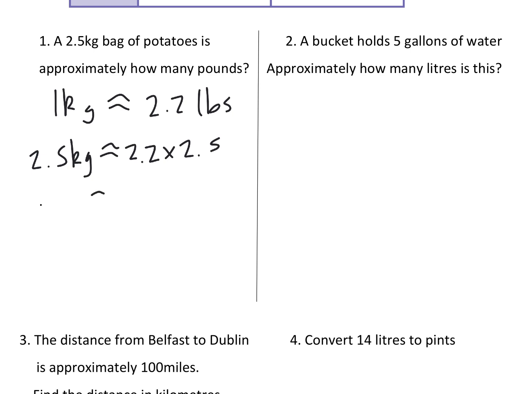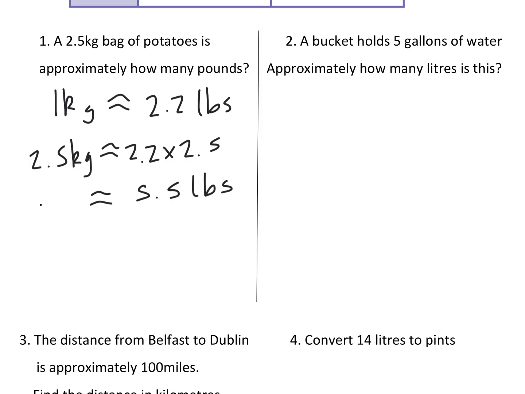Now you could use the calculator, but to go from 1 to 2.5, you can double it, which should be 4.4, and then add on another half, which is 1.1. So 4.4 and 1.1 is 5.5. So 2.5 kilograms is 5.5 pounds.